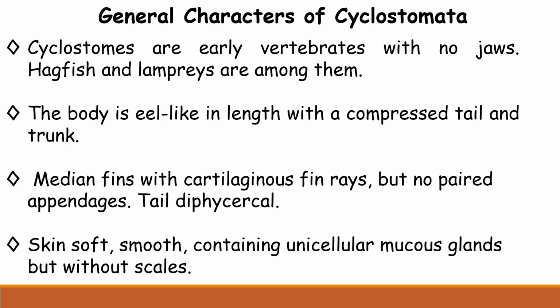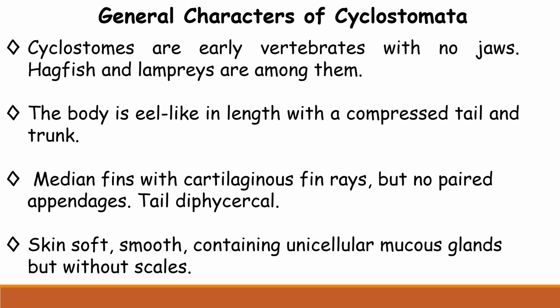Cyclostomes are early vertebrates with no jaws. Mostly among the cyclostomes, hagfishes and lampreys are majorly present. The body is eel-like in length with a compressed tail and trunk. Median fins with cartilaginous fin rays are present but no paired appendages.